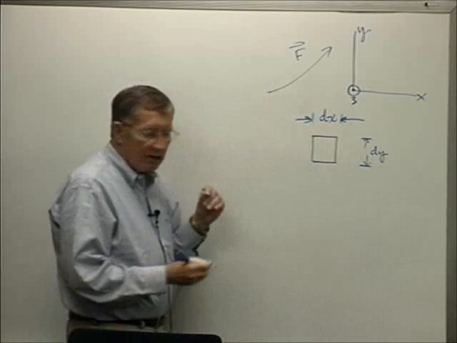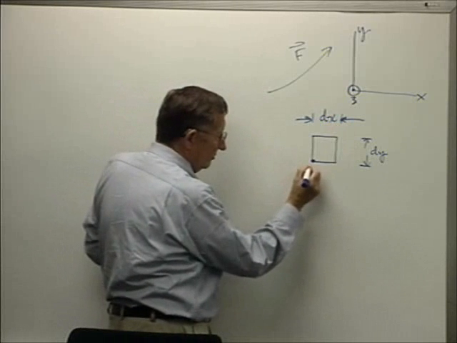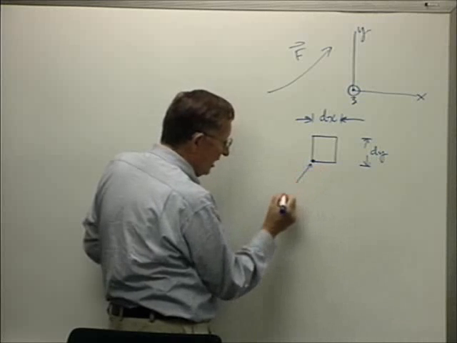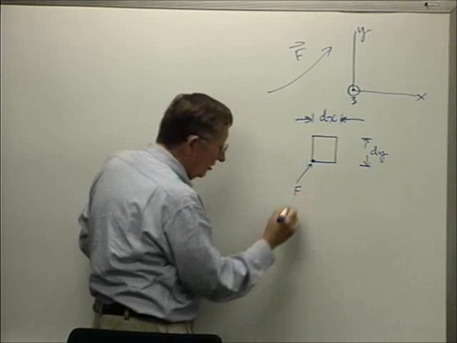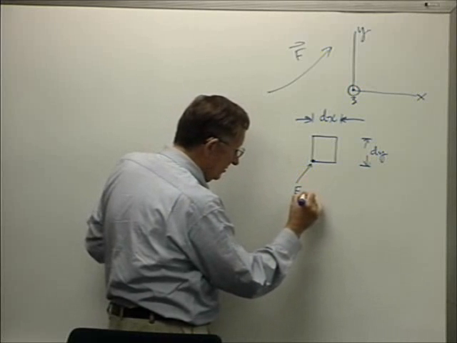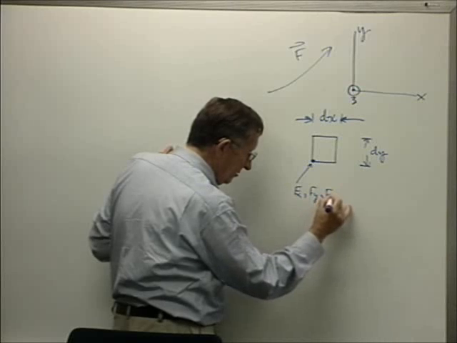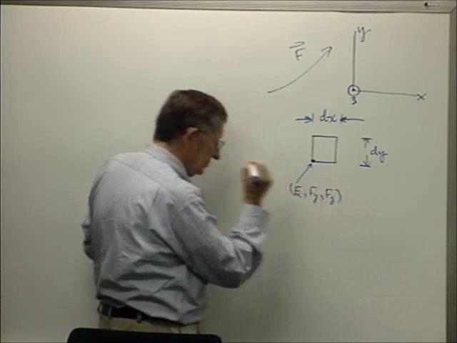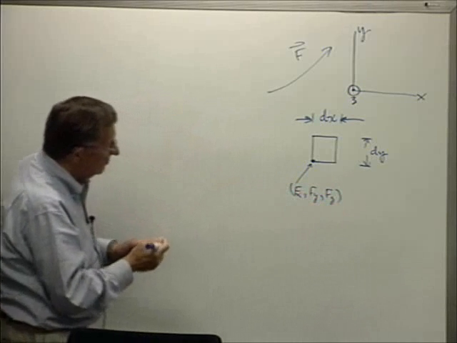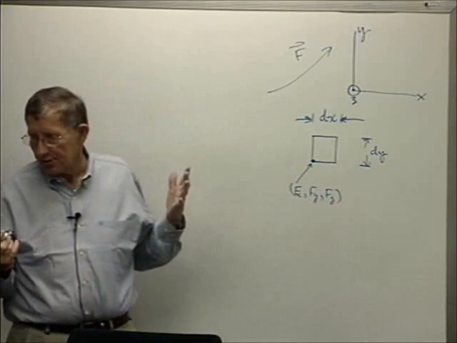So here's a little element. Let's say at this point right here, F has a value of Fx, Fy, Fz. So it's a vector, it has 3 components.